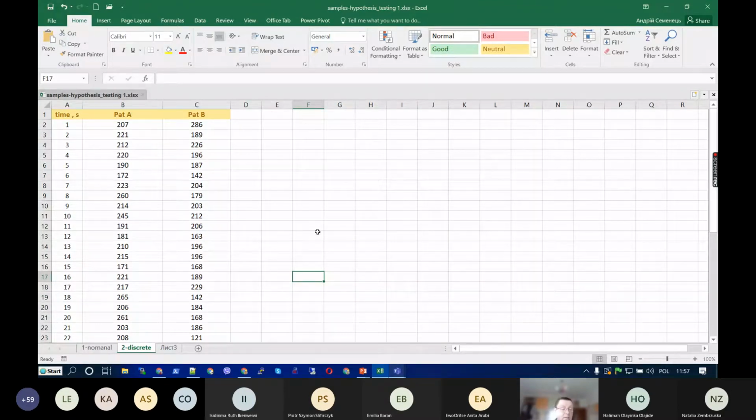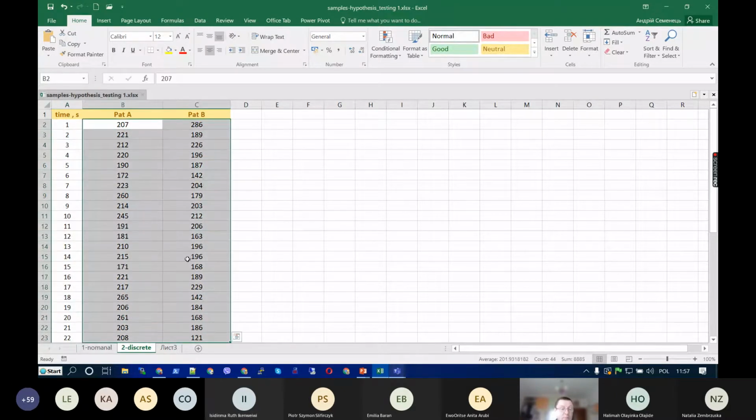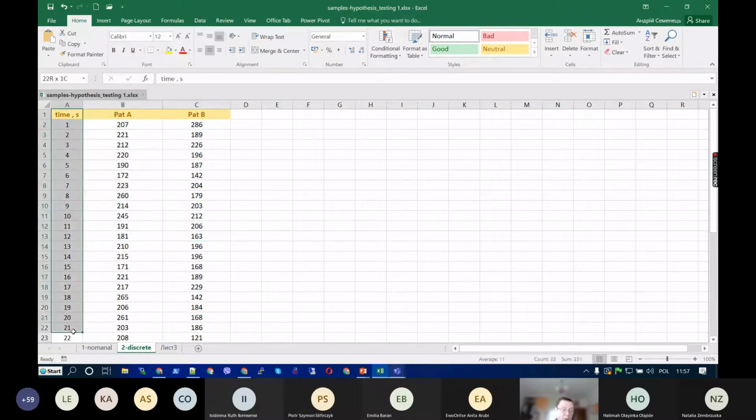In the second example, I replace patient as the independent variable with time point, like first, second, and so on. So during each second, I make some measures from two patients. In this case, we have a continuous independent variable, which turns into discrete.